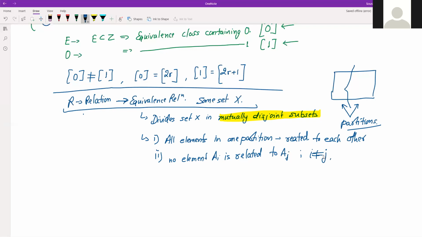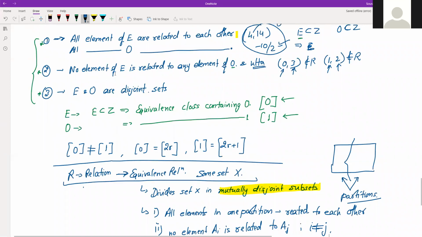So if two sets are different, one element from one set cannot have any kind of relation with the second set's elements. So that was the second condition.